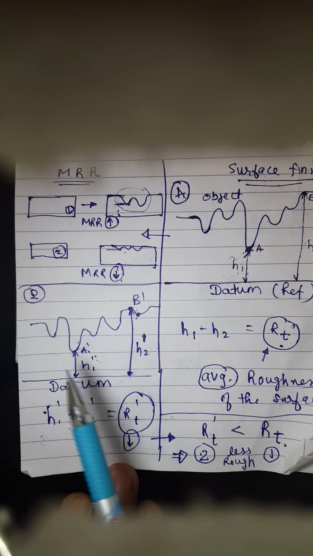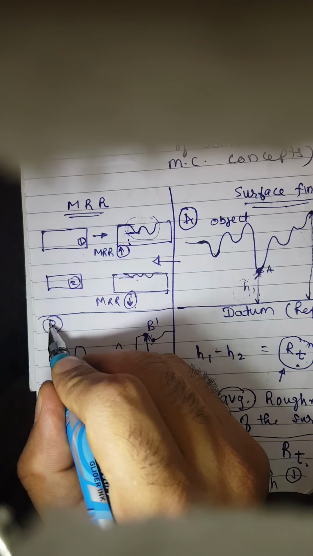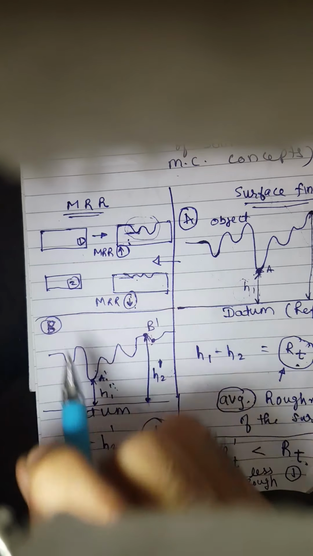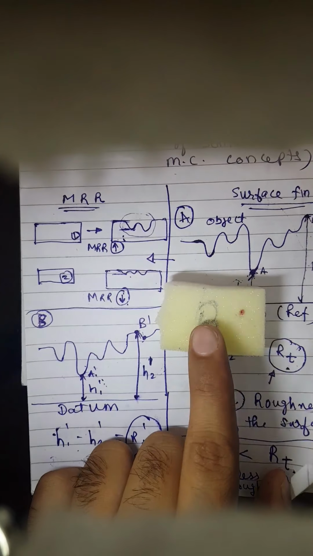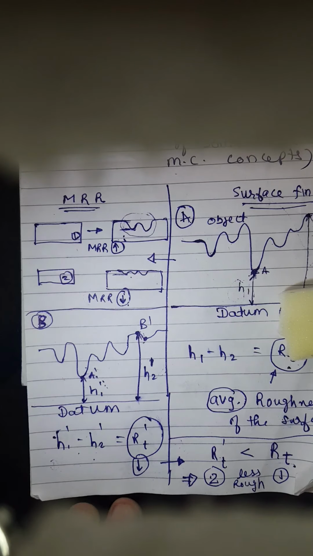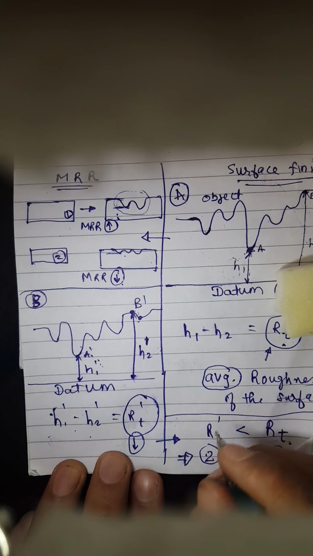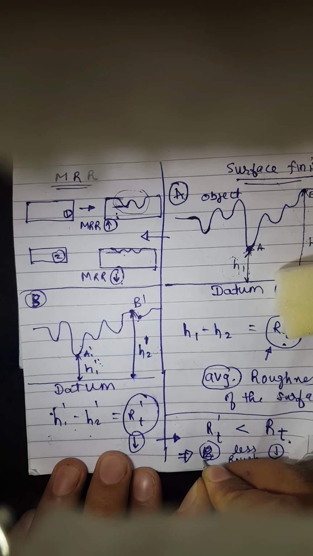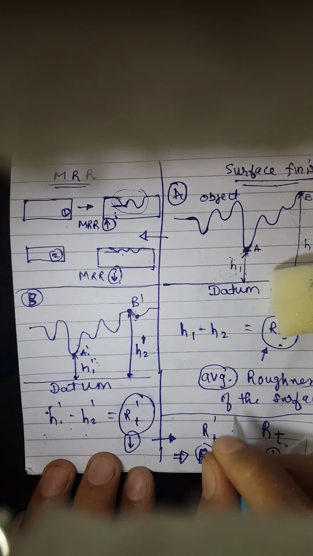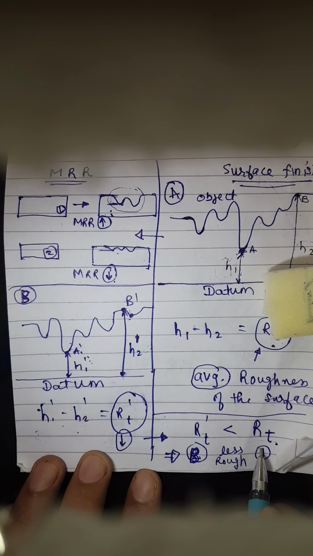Which means that this surface number 2, as I called the previous surface A, I'll call this surface B, because we are considering a B object. The surface B is less rough than A. How did I get that?